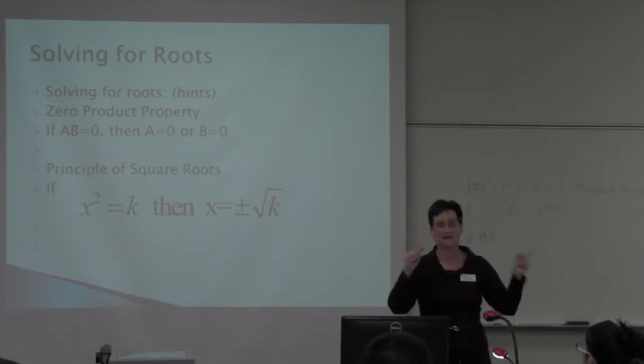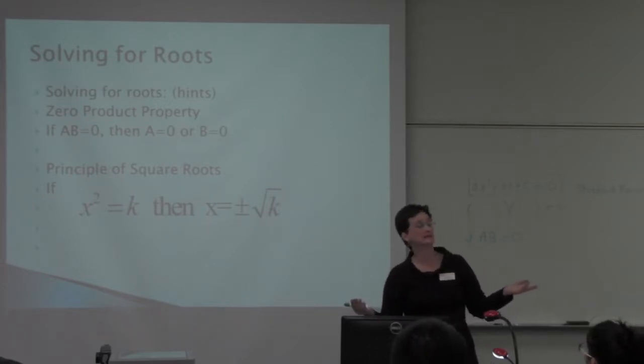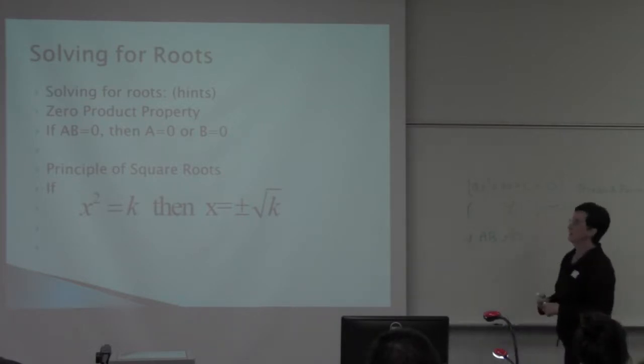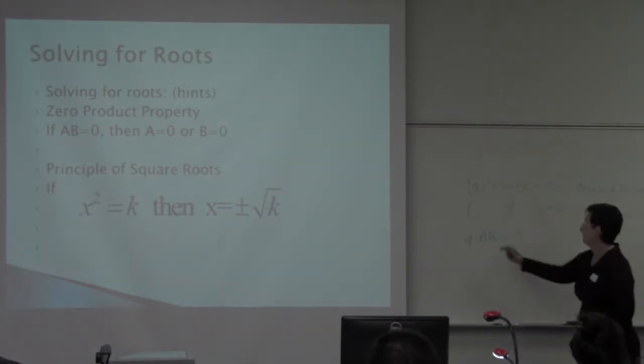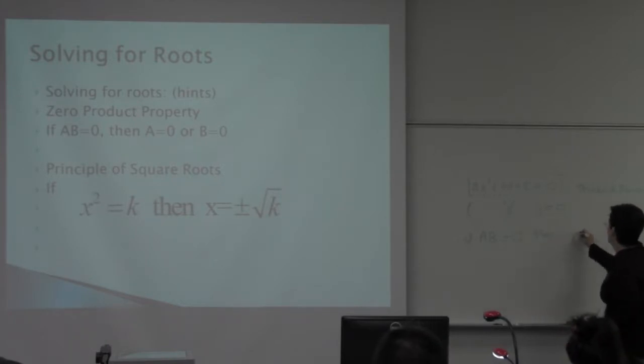What does that mean about a and b? One of them has to be 0. So this is called the zero product property or the zero factor property. If a times b is 0, then a is 0 or b is 0.